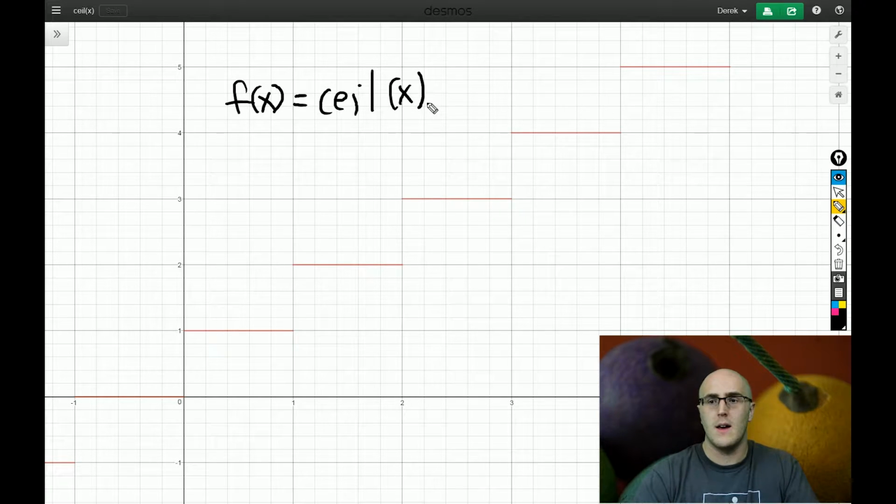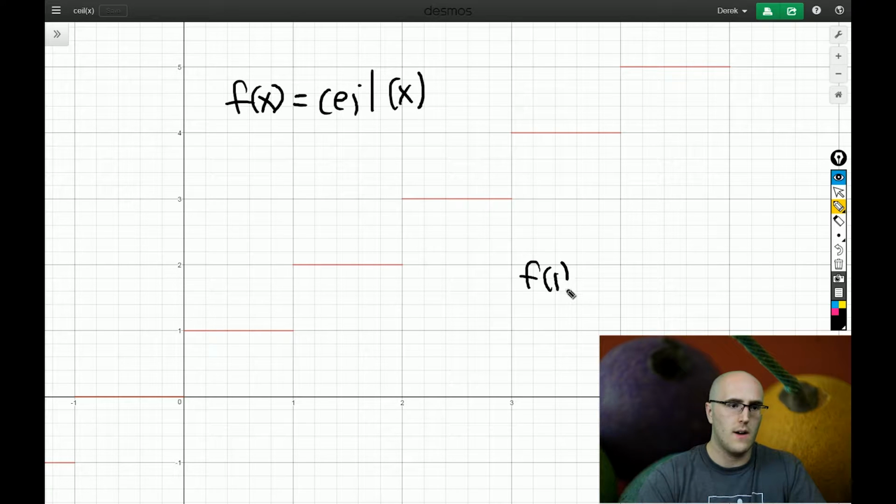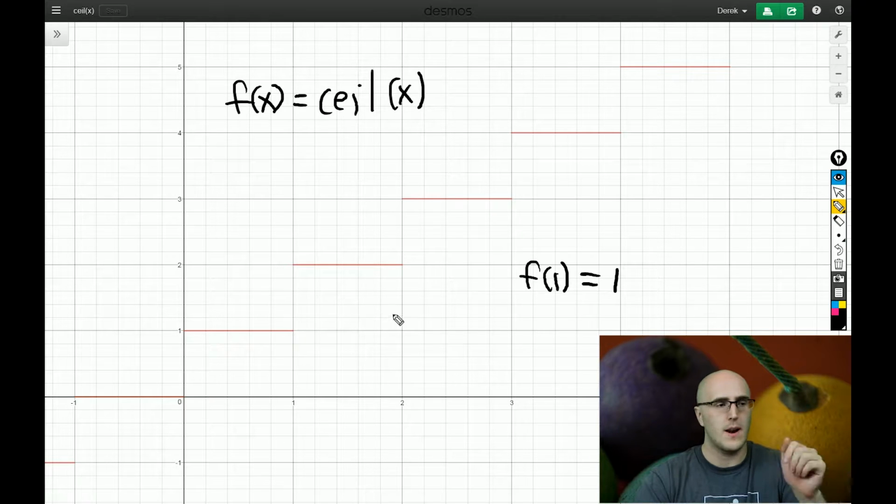You put in any fractional value, and it bumps it up to the next integer. Here's an example of us having a value at, say, f of 1. At f of 1, we have a value of 2. Or sorry, f of 1, we have a value of 1, because 1 doesn't get rounded up.